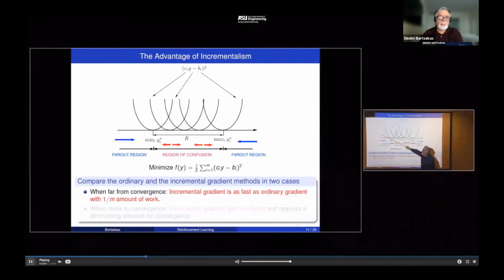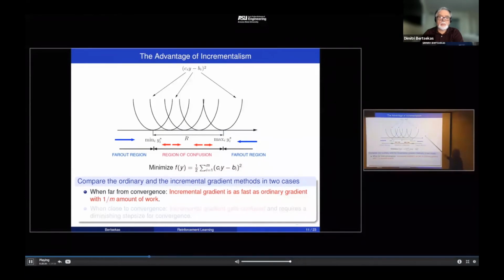If it starts on the left, also it will move in the same general direction that the ordinary gradient would. And at least when we are in this region over here and we approach this area here, we would be doing the right thing, the same thing that the ordinary gradient method would do, even if it calculates the gradients of all the components. So that's the thing.